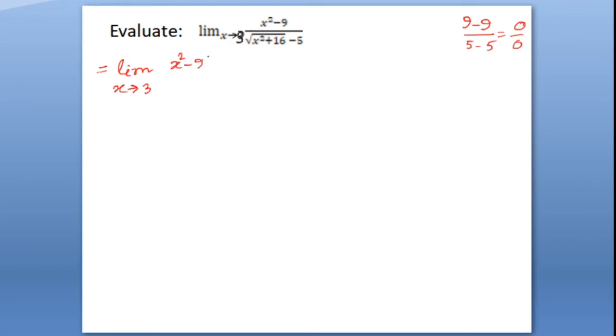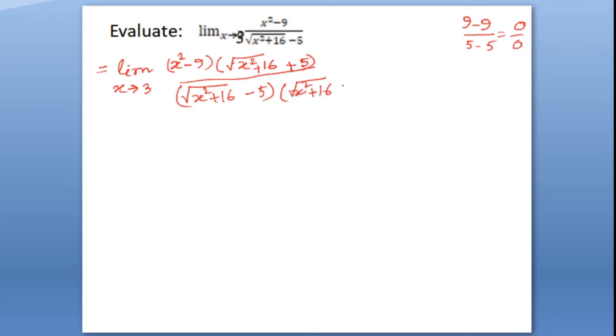Here we can see square root is given in the denominator, that's why we will multiply with the conjugate of the denominator, that means square root of x square plus 16 plus 5 by square root of x square plus 16 minus 5 into square root of x square plus 16 plus 5.